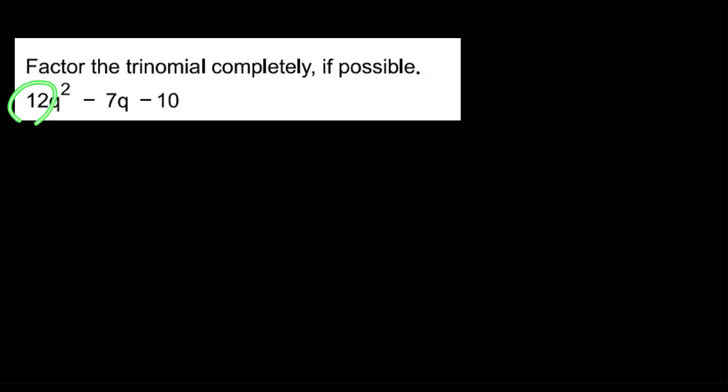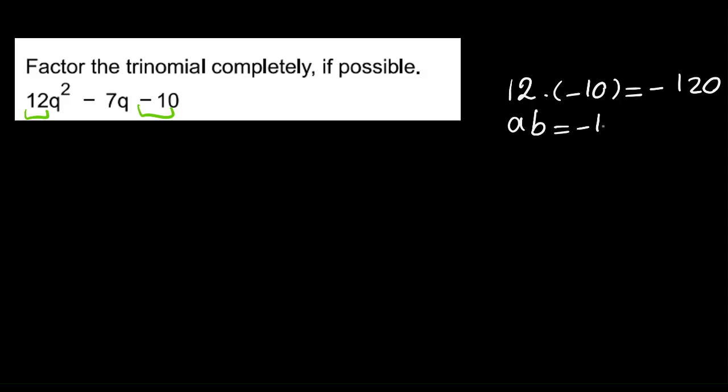But right now we have 12 as a coefficient for q squared. What should we do in this case? We want to factor by grouping. The first step is to multiply 12 by negative 10. 12 times negative 10 gives us negative 120. Now we are looking for a times b equal to negative 120, and a plus b equal to negative 7.